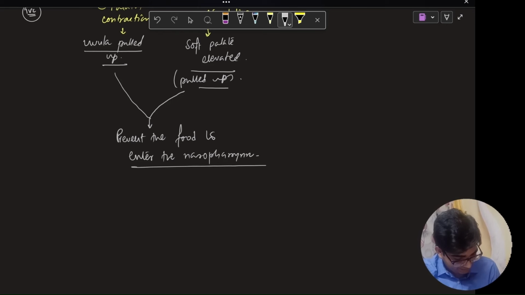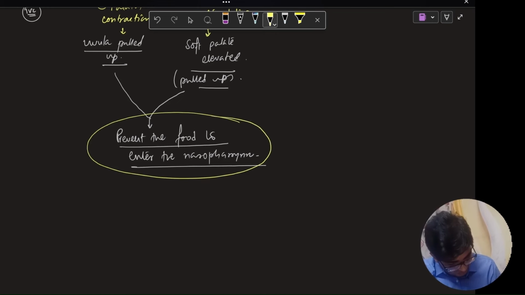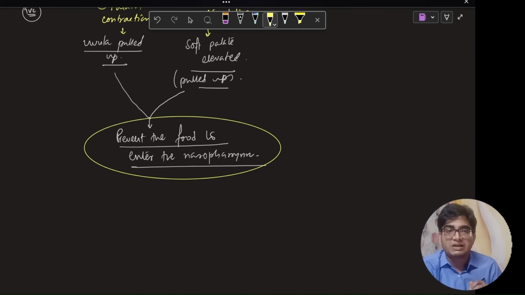Okay. So what happens? The entry into the nasopharynx is prevented by the action of the 10th cranial nerve being stimulated by the nucleus ambiguus, which is stimulated by the 9th cranial nerve, to prevent food entry into the nasopharynx.